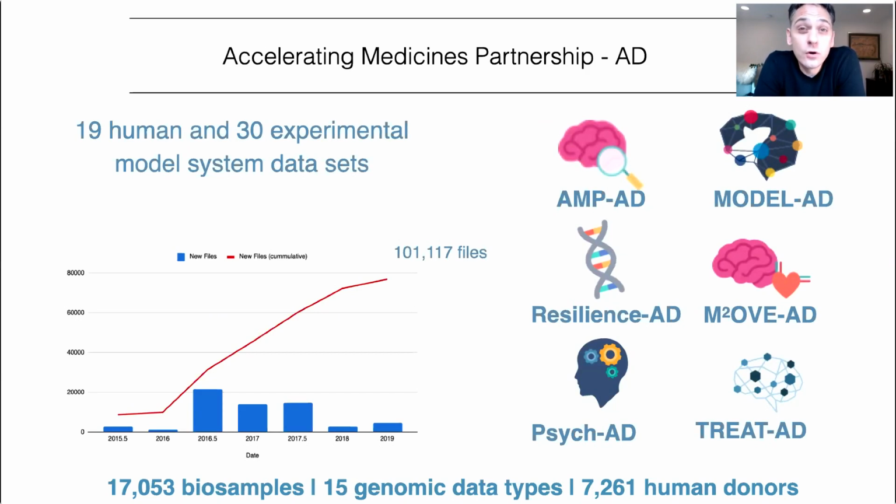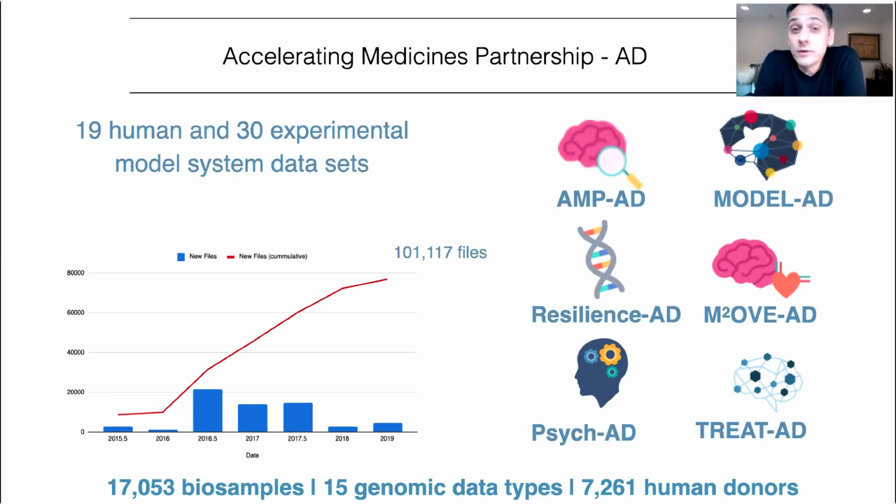That's since grown quite a bit, and we now act as a coordinating center for multiple AD-related projects: Model AD, which is developing mouse models, Resilience AD, looking at resilience, Move AD, looking at vascularization, Psych AD, looking at the interaction between psychiatric diseases and Alzheimer's disease, as well as Treat AD, which is taking these targets that have been identified and trying to develop target-enabling packages to help with the preclinical development of drugs.